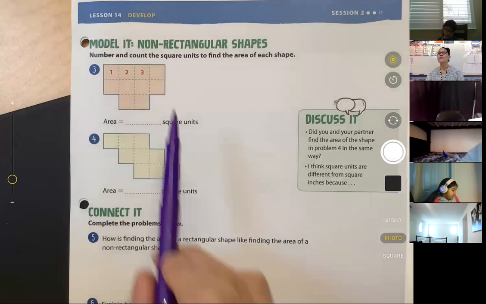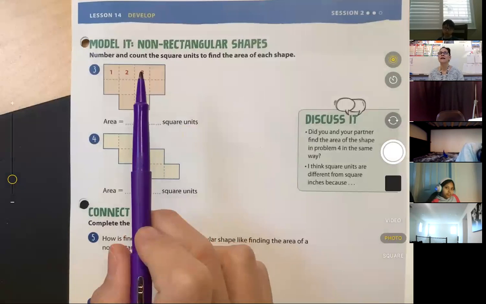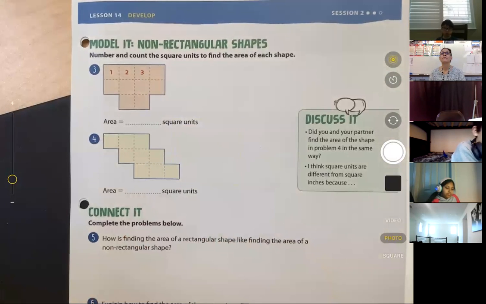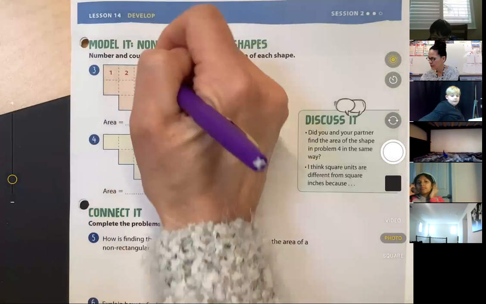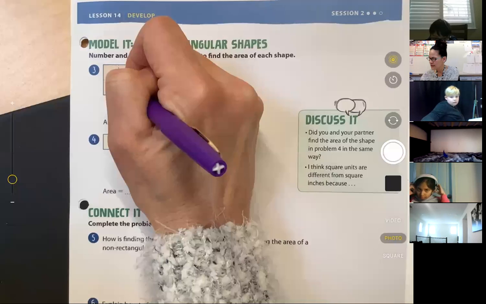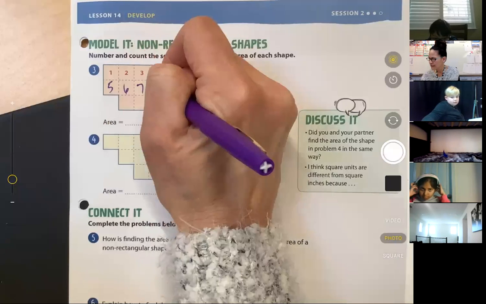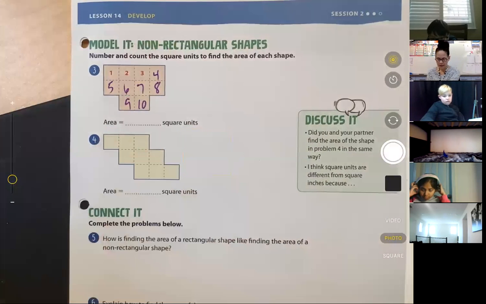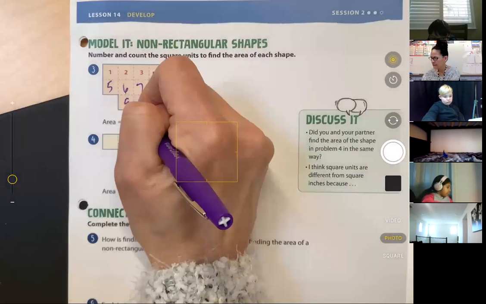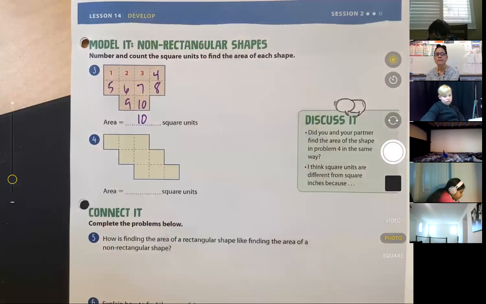Is covering and counting that same model, does it apply here? It absolutely does. It's asking us to number and count the square units to find the area of each of these shapes. The first one in number 3 is started for us. How convenient. So we have 1, 2, 3, 4, 5, 6, 7, 8, 9, and 10. So the area is, of course, 10 square units.